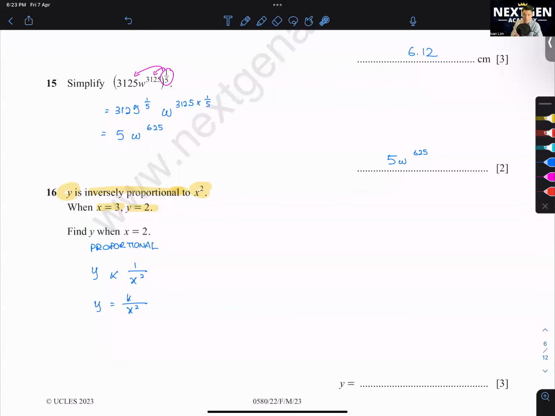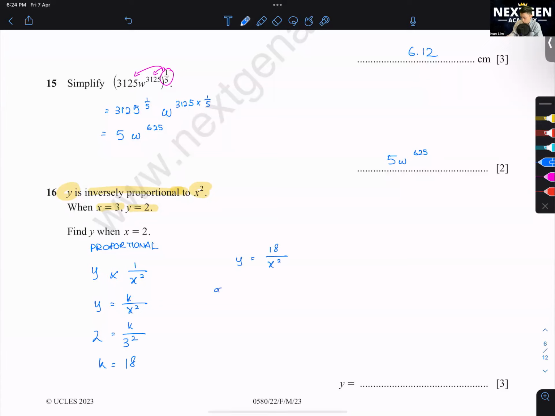My first step is I want to find what is my k value. How do I find my k value? I sub in x equals to 3 and y is equals to 2. So 2 is equals to k over 3 squared. K is equals to 2 times 3 squared, which is equals to 18. Therefore, my equation will be y equals to 18 over x squared.